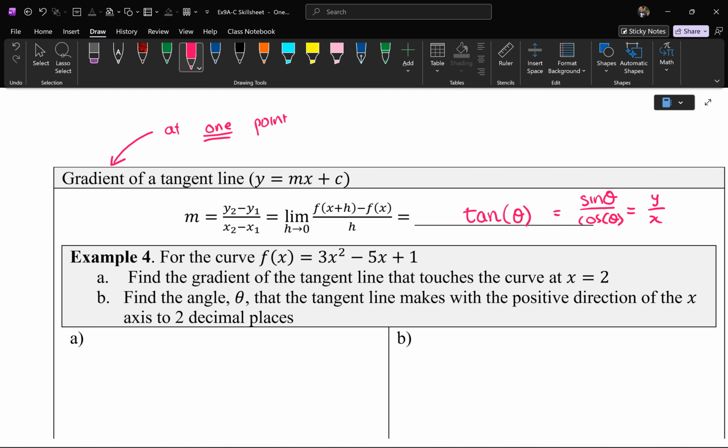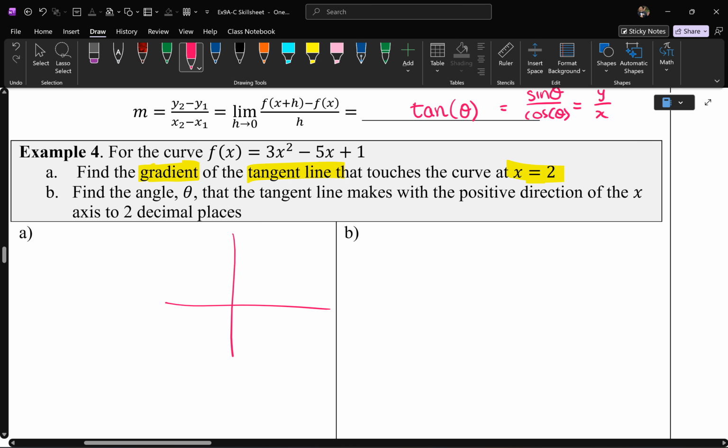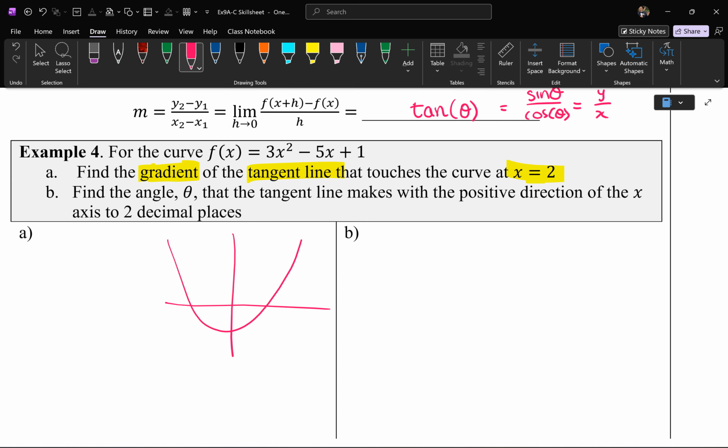Okay, here's an example. Example 4, you've got a curve of 3x squared minus 5x plus 1. Find the gradient of the tangent line that touches the curve at x equals 2. All right, so you want to find the gradient of a tangent line at x equals 2. So let's visualize it roughly. I don't know what the graph looks like, but let's just say it looks like that.